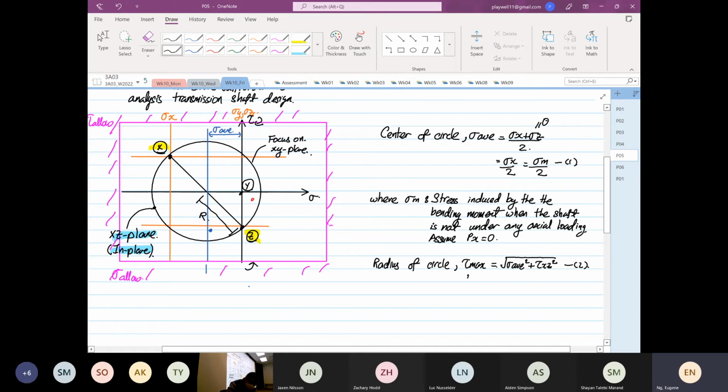Okay, so it is important, right? That it's important to know the tau max of the material from mechanical testing.